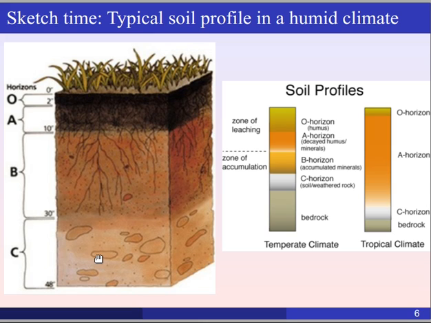That's typical in a humid climate like in Iowa, right? But if you were to go to, say, a tropical climate, surprisingly, like in a rainforest, what you'd find is that the organic layer is really thin. I would expect it to be thick, but it's not. All the things that die decompose really quickly. That monkey that falls out of the tree is almost rotten by the time it hits the ground, right? And so very thin.